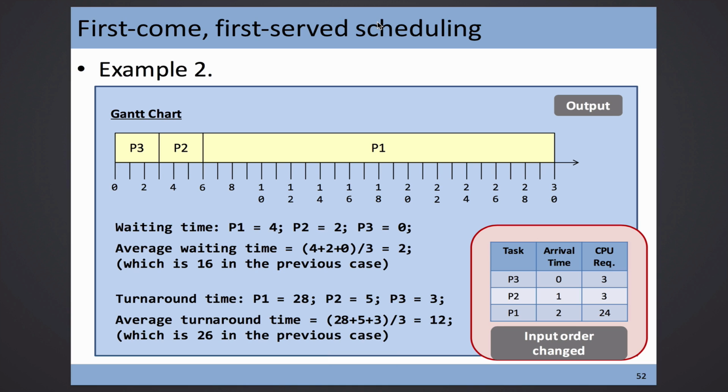Then you will have much better happiness. Originally it is 16, now it becomes 2. And also the turnaround time improves because the first two guys can leave the shop early. And FIFO is really implemented in Linux as a very high priority scheduling rule. Usually it is used for things like a journaling file system.